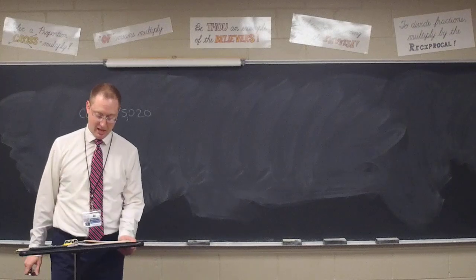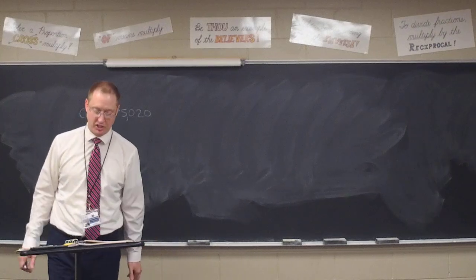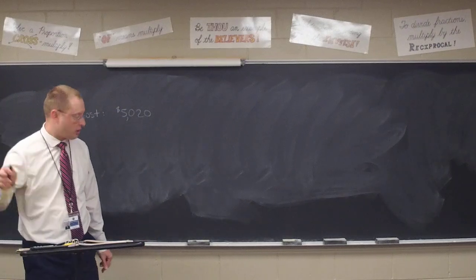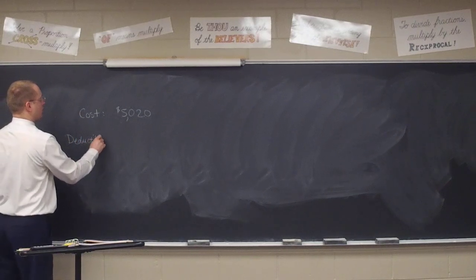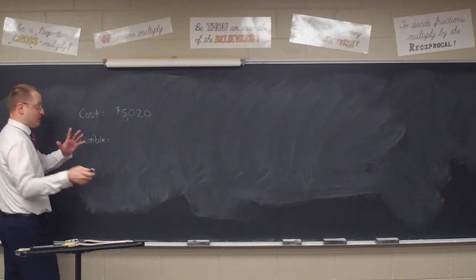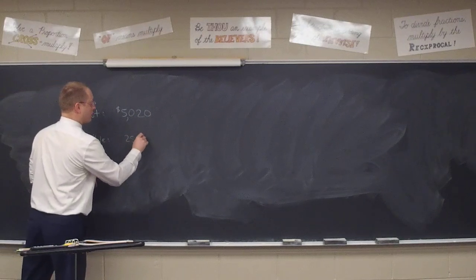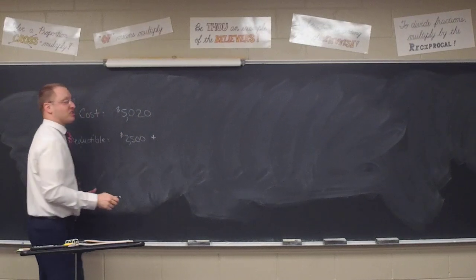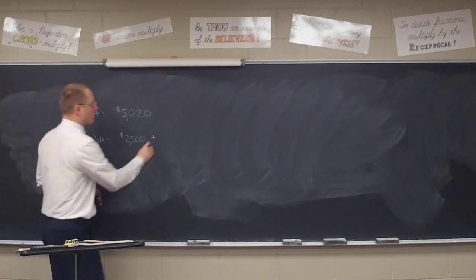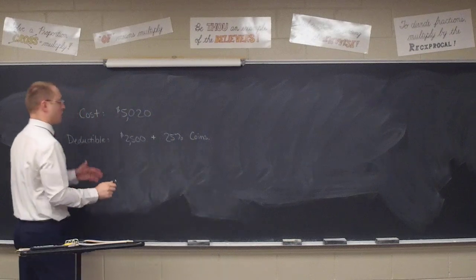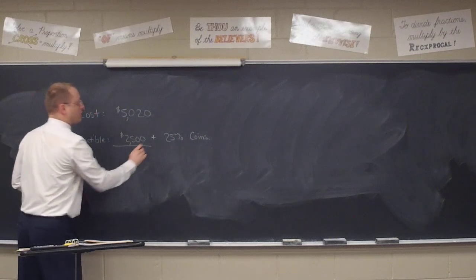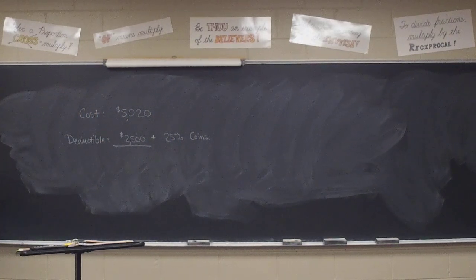And so her plan, when she goes out of network, has a deductible of $2,500. So she's got to pay the deductible, which is the first $2,500, plus she has to pay 25% co-insurance.